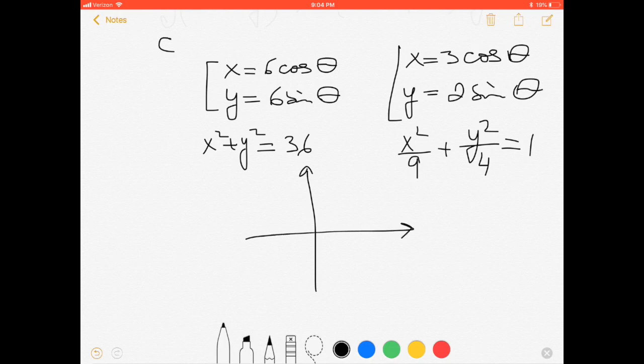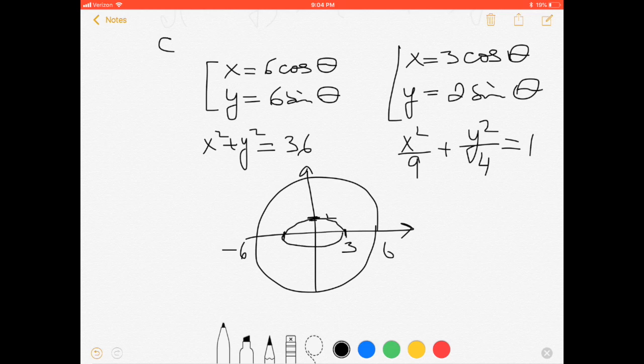Okay. Let's go, this is the circle, and this is minus 6, and here is 6. And we have the ellipse, here is 3 and minus 3, and here is 2, this means something like this.